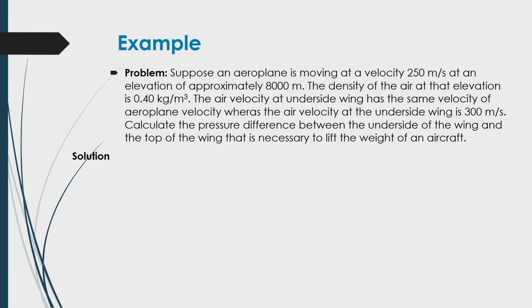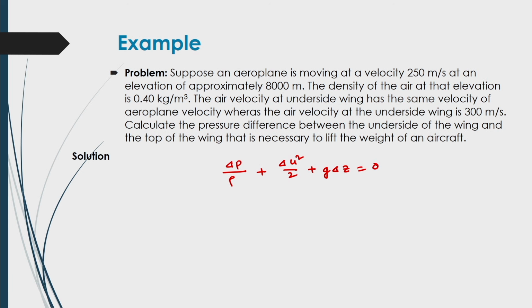So based on this we can apply the mechanical energy balance equation. As per Bernoulli's equation, delta P by rho plus delta U square by 2 plus g into delta Z will be equal to 0.